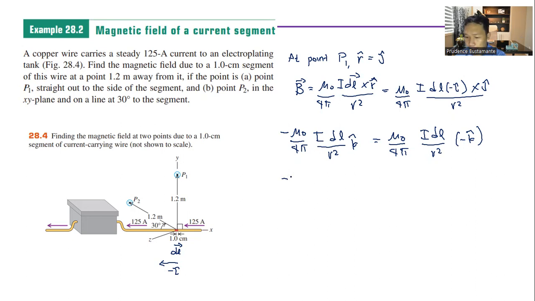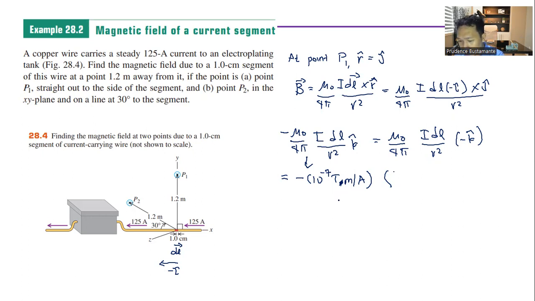So from our value, this is equal to negative mu naught over 4 pi, which is 10 to the negative 7 Tesla meter per ampere.